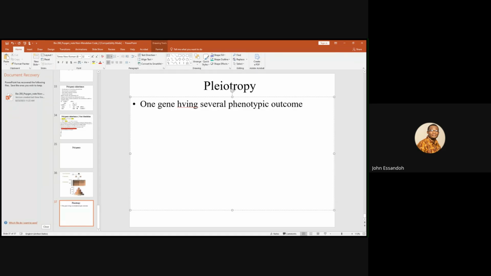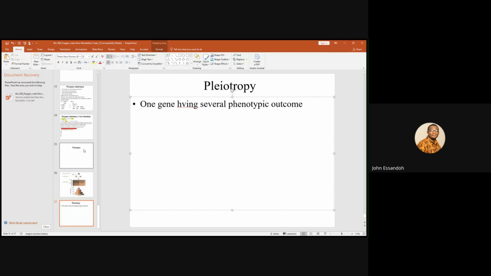When we have one gene having several phenotypic outcomes, that's what we call pleiotropy.